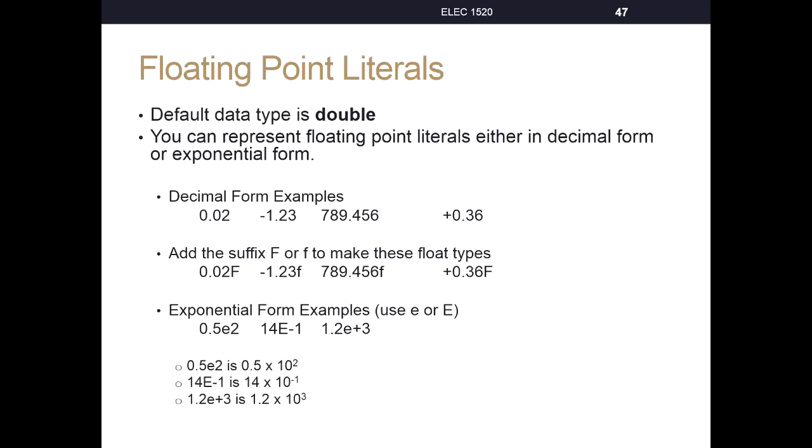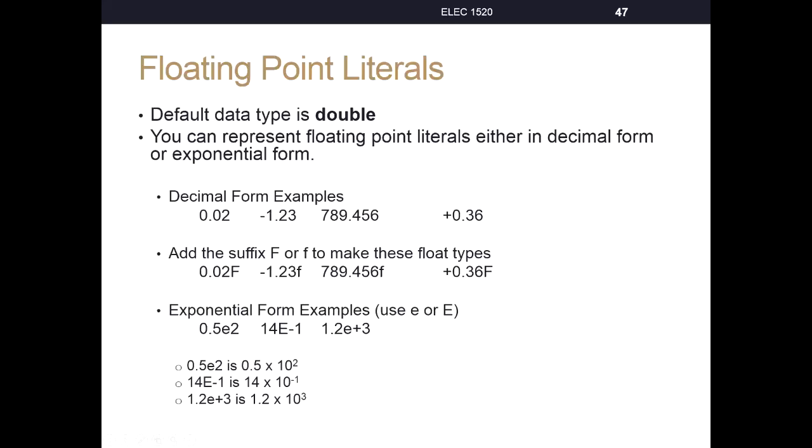We can also write floating point numbers in exponential form. We use the lowercase e to write exponential form. So if we wanted to say 0.5 times 10 squared, we'd say 0.5e2. When there is no plus sign here, we assume that this exponent is 2. Exponent means you're going to take the number to the left and multiply it by 10 raised to the power to the right of the e.